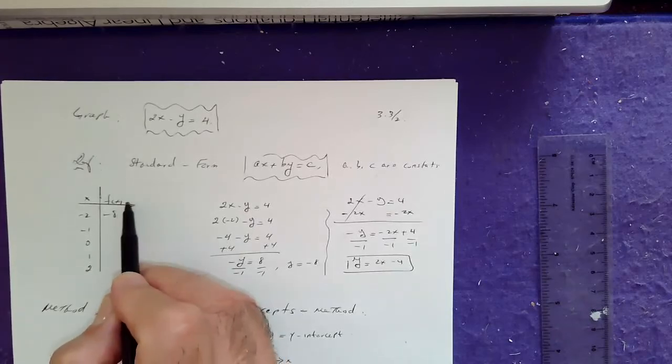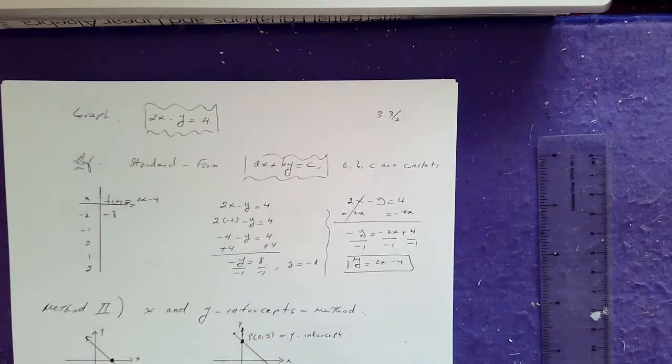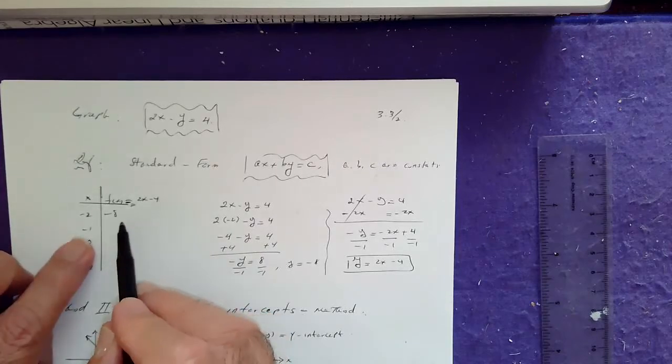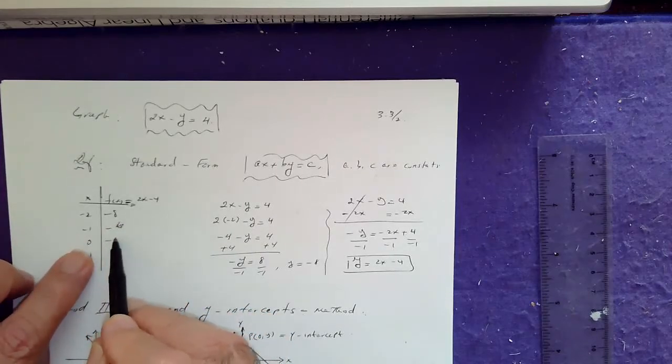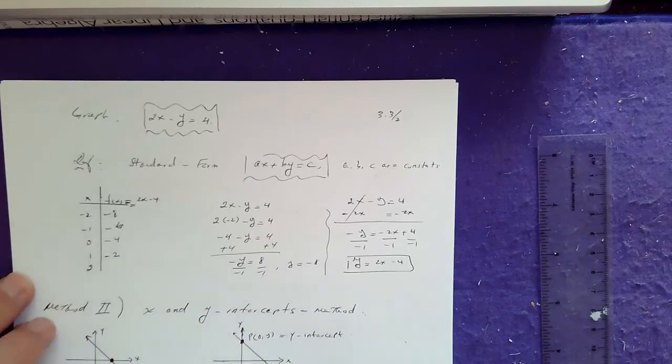Okay, so I'm going to use this form because this is much easier, correct? So if x is -2, I get -6. If x is 0, I get -4. If x is 1, I get -2.